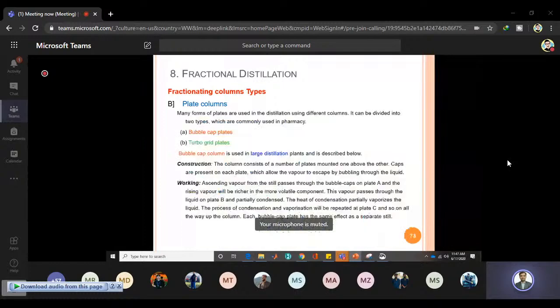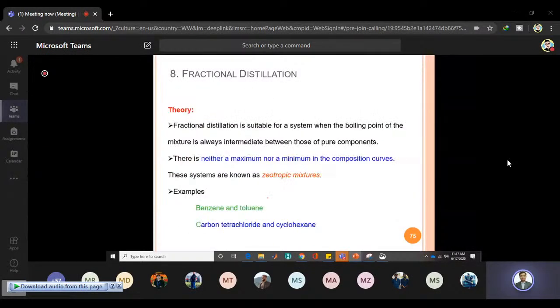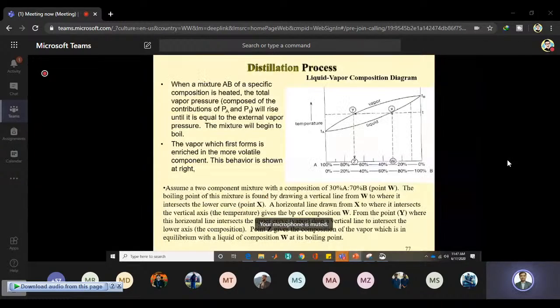Okay, so still I think we're not talking much about these trays. We already have talked about vapor liquid equilibrium, how a vapor liquid equilibrium exists on different plates. So this is all about vapor liquid equilibrium composition.